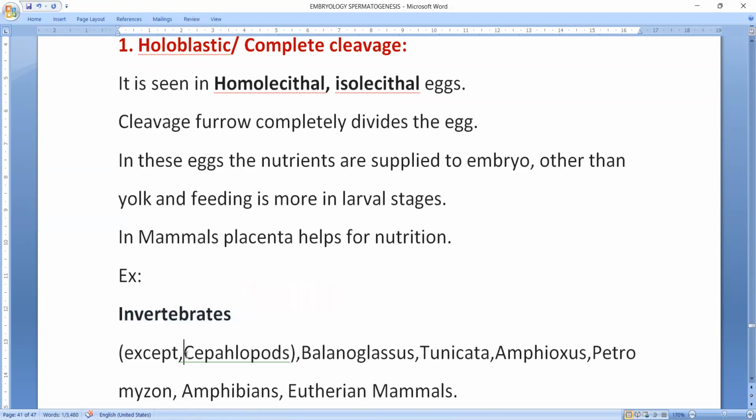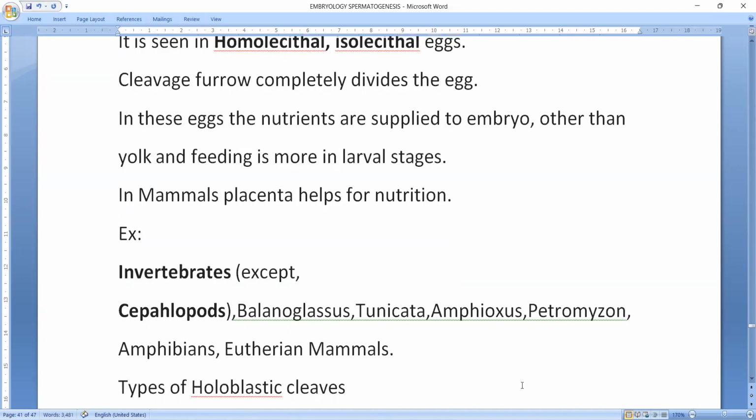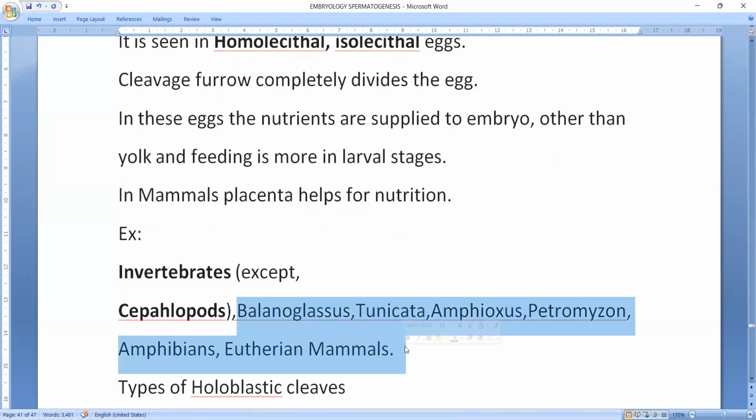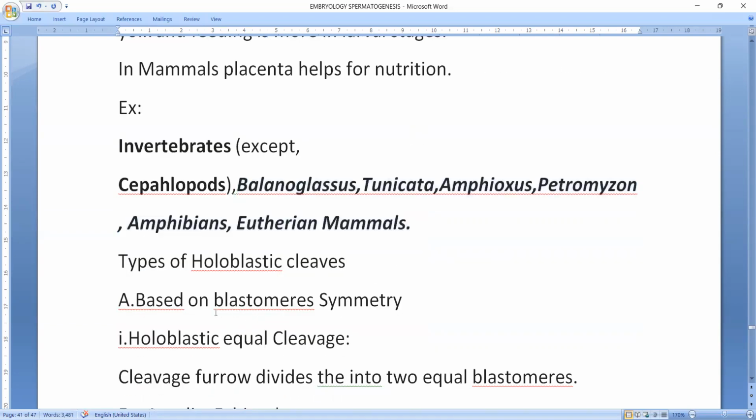You remember, it came in eggs also, and it has come here too: cephalopods excluded from invertebrates. And Balanoglossus, Tunicata, Amphioxus, Petromyzon, amphibians, eutherian mammals. In all these, the cleavage is what we call holoblastic cleavage. Complete egg is divided. So anyway, types of holoblastic cleavages.